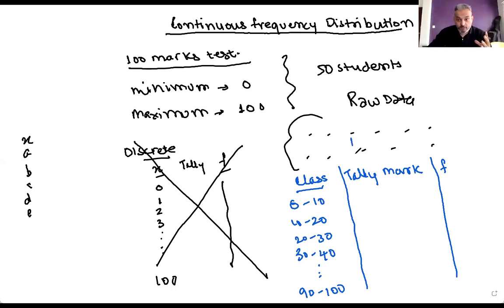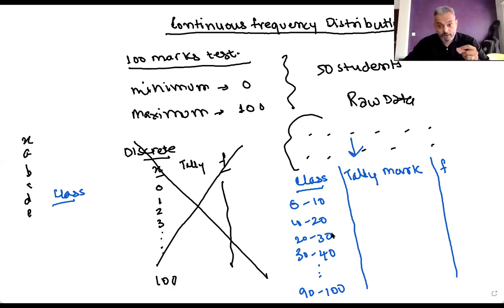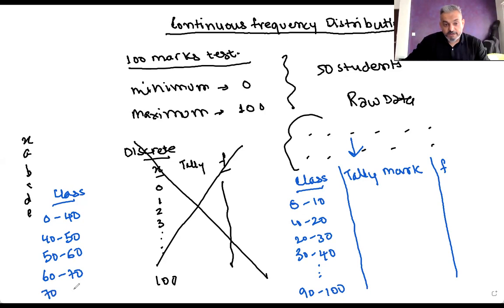So one is we go for classes like this, or we can also go for classes like this which are irregular. जैसे कि ये देखो, here it is regular, 0 to 10, 10 to 20, 20 to 30, 30 to 40, 40 to 50, 50 to 60, or you can say 0 to 40, 40 to 50, 50 to 60, 60 to 70, 70 to 100.